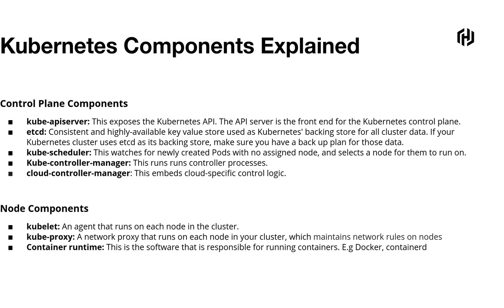Pods are like the smallest units in Kubernetes. And then you have the Kube controller manager, which runs controller processes. You have the cloud control manager. You have node components as well, the kubelets, the kube proxy, and then you have the container runtime. That's where Docker and Containerd also come in.